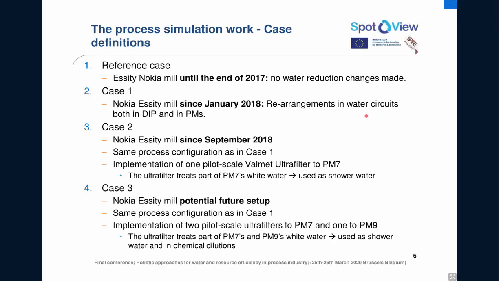The reference case was the mill as it was until the end of 2017, with no process water reducing changes made. Then Essity Nokia did some new things in water circuits inside the de-inking plant and paper machines. That was case 1. Case 2 was that we installed one Valmet ultrafilter unit at paper machine 7 to take care of the high pressure shower water to the wire section of the paper machine.